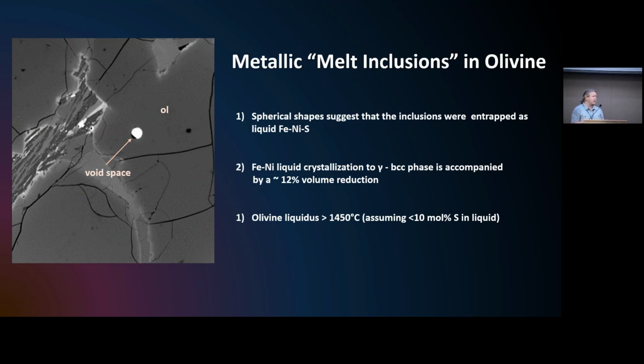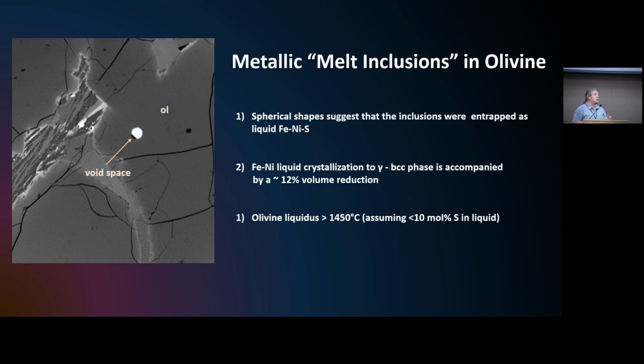If you think about the crystallization of metallic iron-nickel-sulfur liquid, when you crystallize iron-nickel liquid to gamma, or body-centered cubic, crystalline kamacite, there's about a 12% volume reduction. That explains these strange little void spaces. At first, I thought they could be vesicles. I'm not totally sure, but this suggests these were trapped in the liquid state.